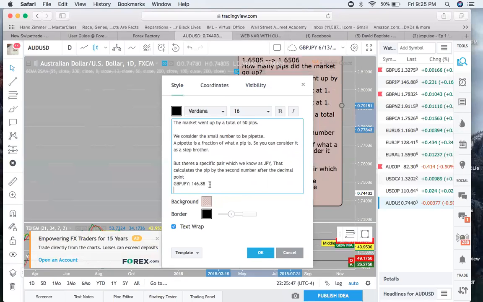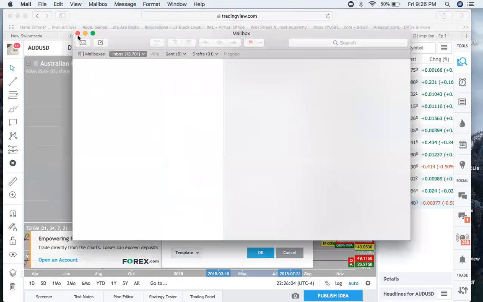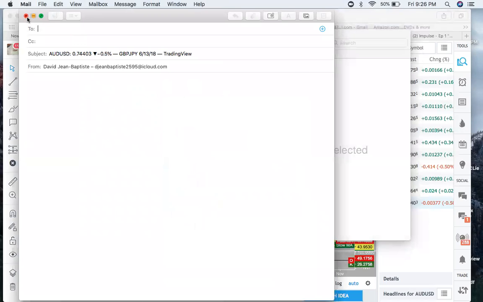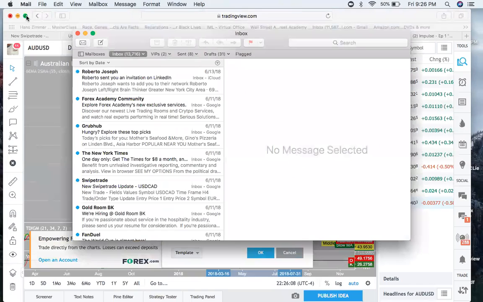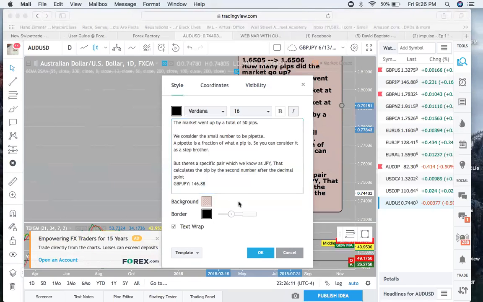So the second number, which is this number right here, let me see if I'll be able to tally it. Okay. I wasn't able to tally it. All right.